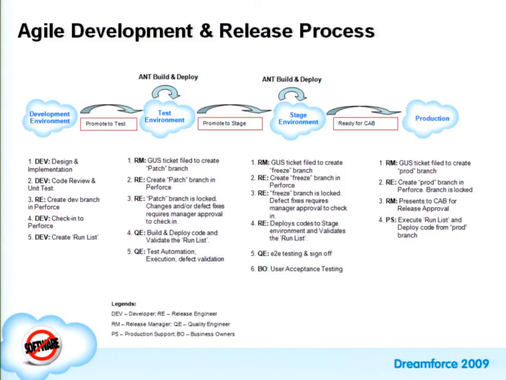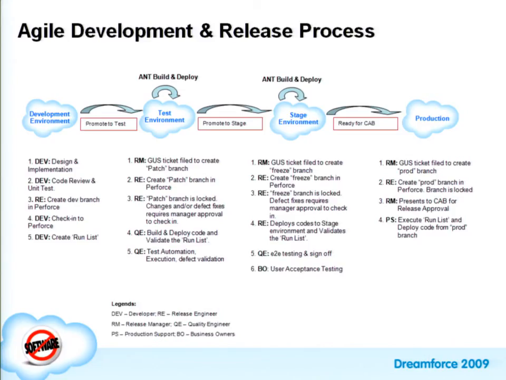Once we get all the sign-off in the stage environment, we have a change advisory board, which is called CAB. We go present the case, that is the release manager's responsibility, get approval from the CAB, and then they will take the code from stage into production by following the run list and from Perforce.